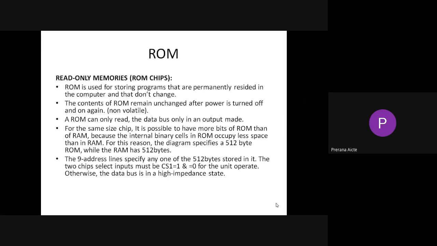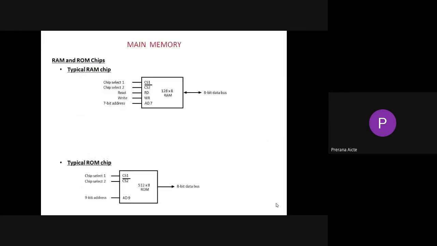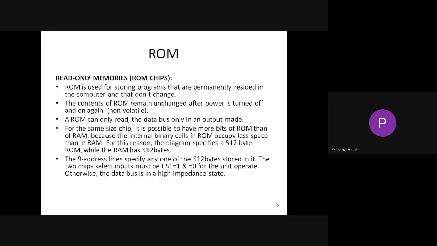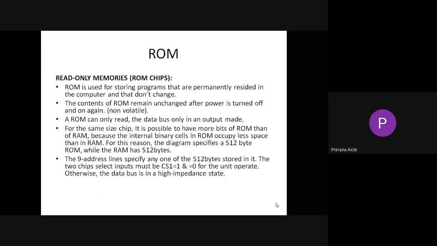This is the diagram for read-only memory, 512 by 8. This memory contains 512 words, and each word contains 8 bits. The 9 address lines specify any one of the 512 bytes stored in it.